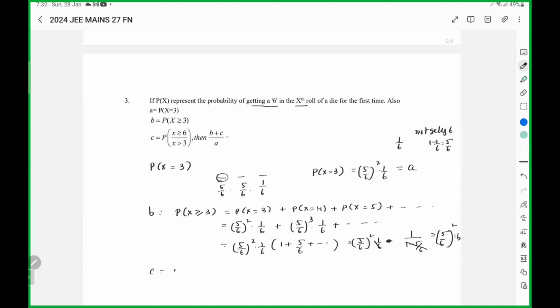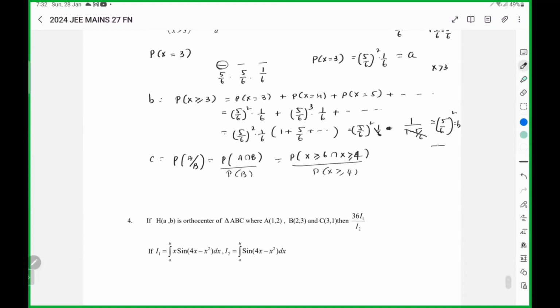C is conditional probability. P of A given B will be P of A intersection B by P of B. So that is P of X greater than 6 intersection X greater than 3. There is no part. X greater than 3 is obviously the same as X greater than or equal to 4.